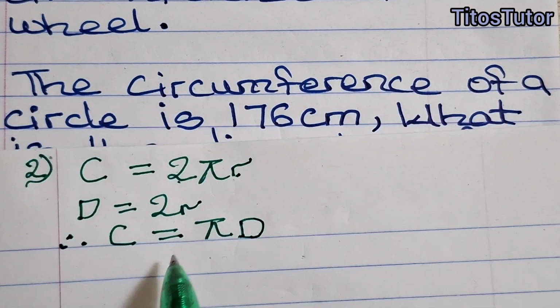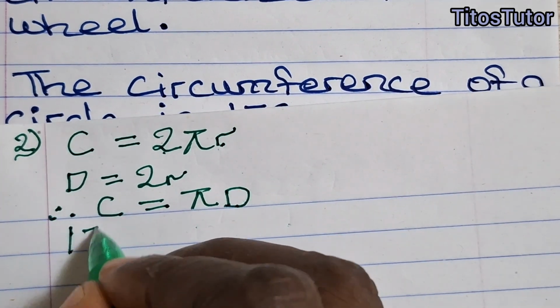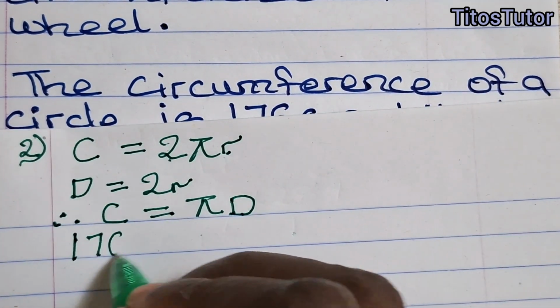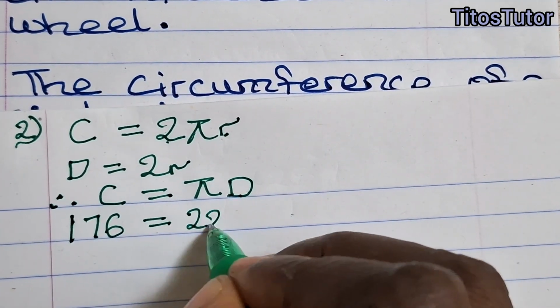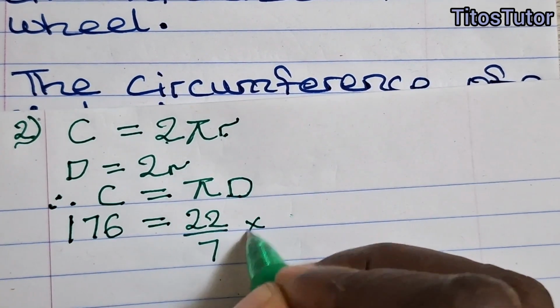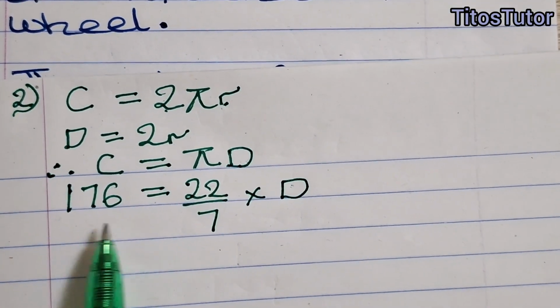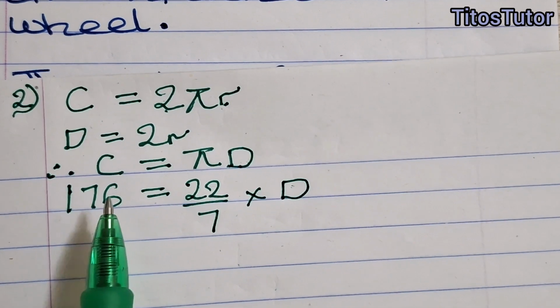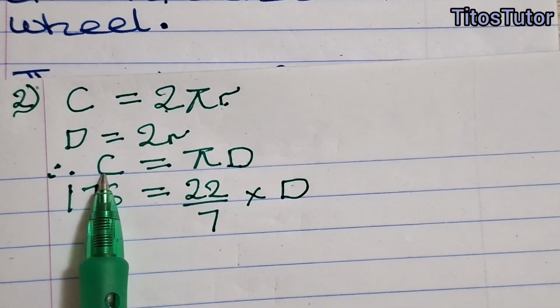Okay, so in this case, circumference was given to us, so we'll say 176 is equal to 22/7 multiplied by d. So all we did was substitute what was given to us in the question into our formula.